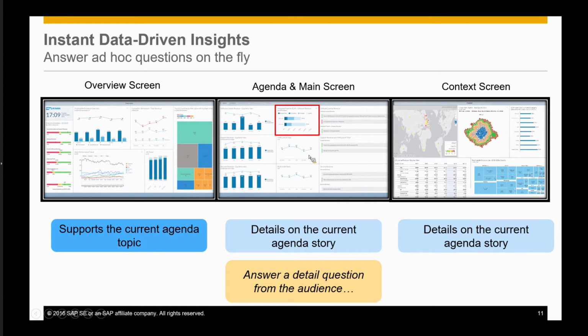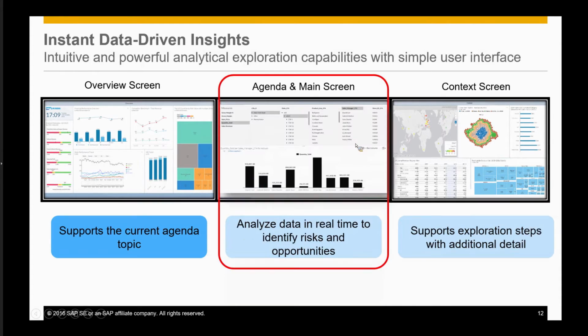So for example, you can provide capabilities such as data exploration on top of your real-time data. You can see here that when you do click, you can enter into a different view where you can actually do some simple slice and dice ad hoc data exploration.